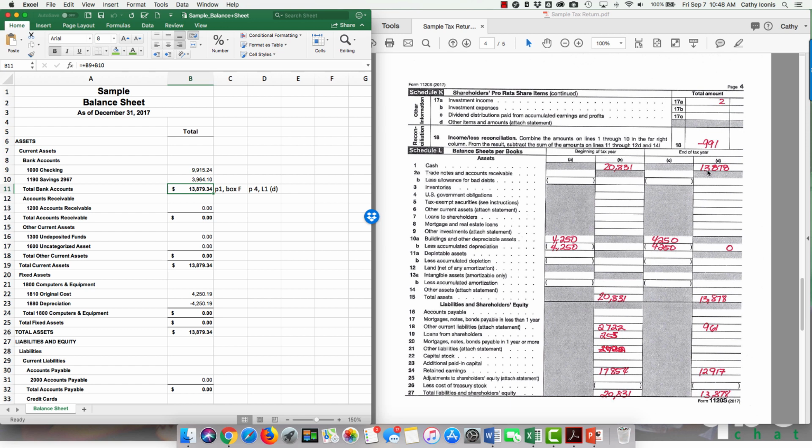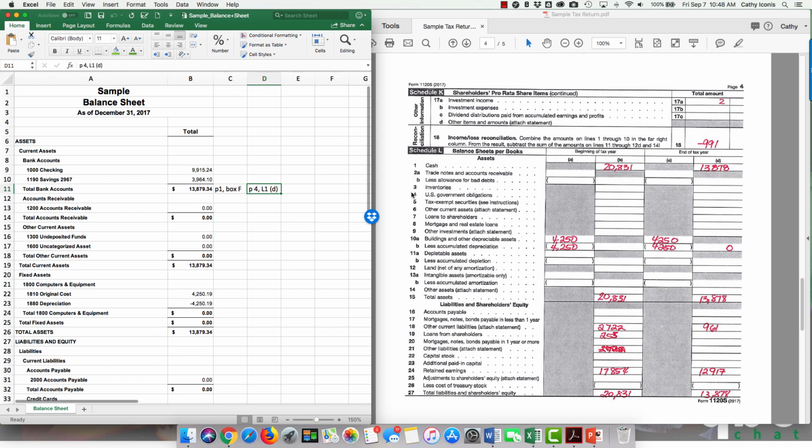You can see over here on the tax return it is 13,878, within a dollar. There's a lot of rounding on tax returns, so that's fine. We're good, right? So you see that on page 1, it's box F that I'm attaching to, but then I'll have to look back at that for a second.